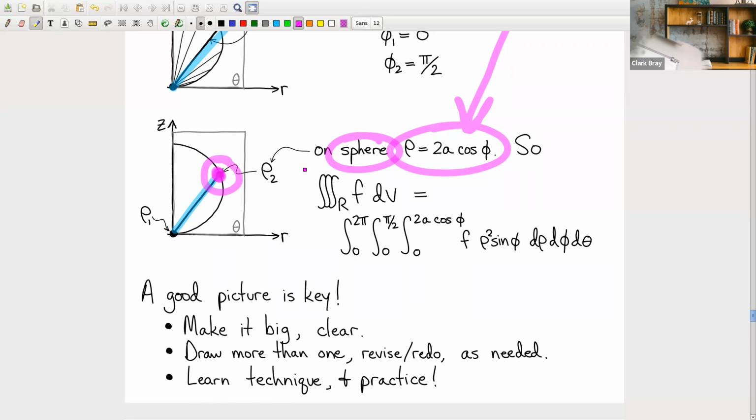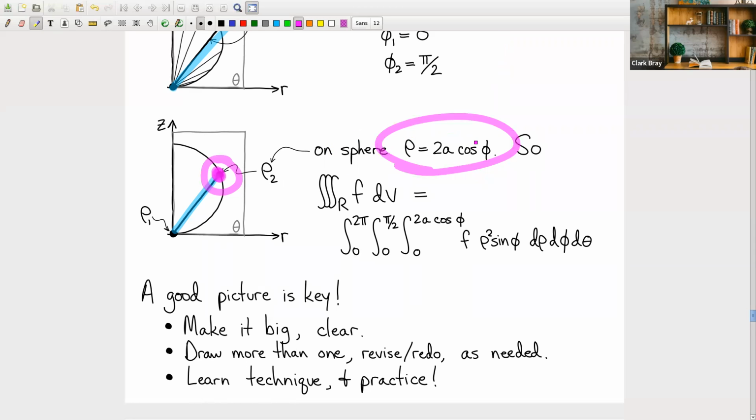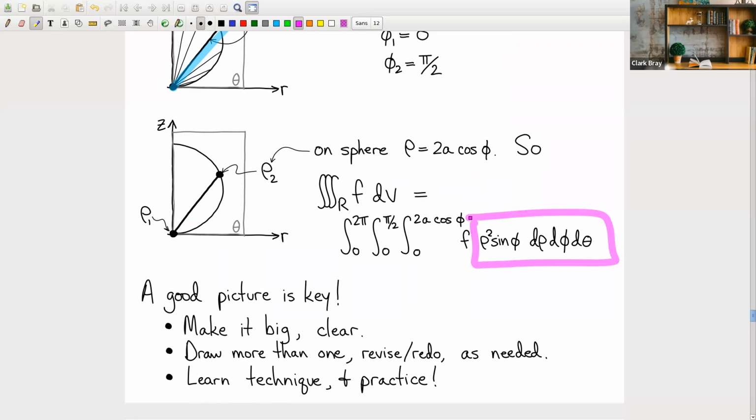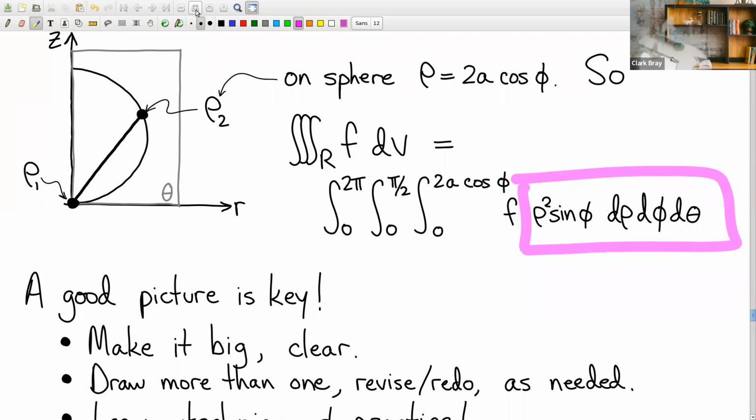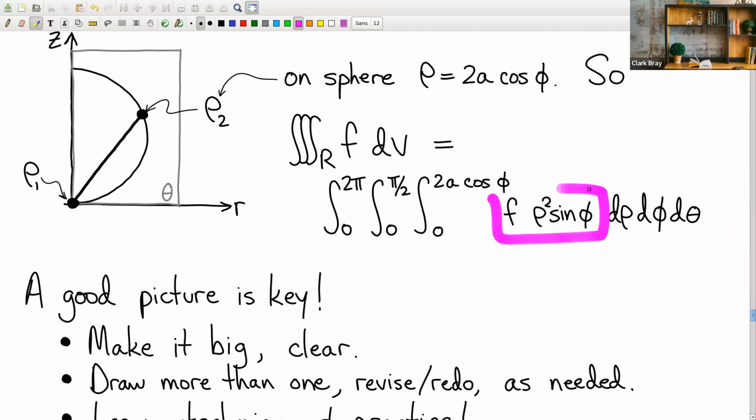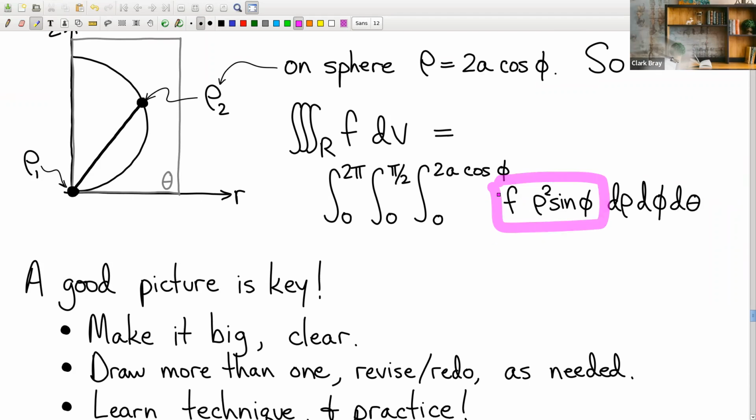And this is what it ends up being. And solve for rho, of course. Yeah, so in here, we solve for rho. And there's our upper rho bound. And we're in business. Reminder, of course, rho squared sine phi d rho d phi d theta. All that's important. Make sure not to forget that. And so my new integrand, therefore, is this business right here.